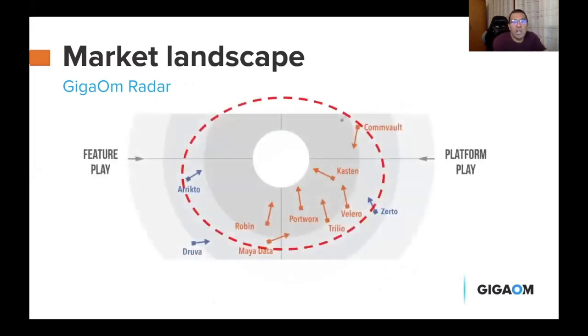If we zoom in, you can see in this area that there are many companies in one way or another approaching data management, and they have consistent roadmaps showing that in the future they'll be able to provide even more than what they are doing today regarding data management.